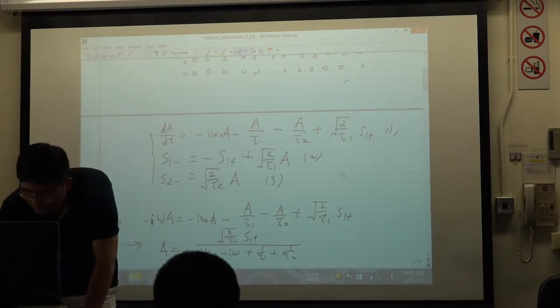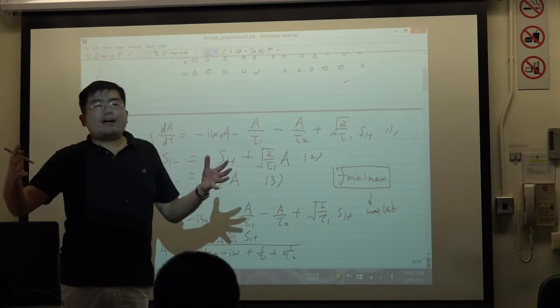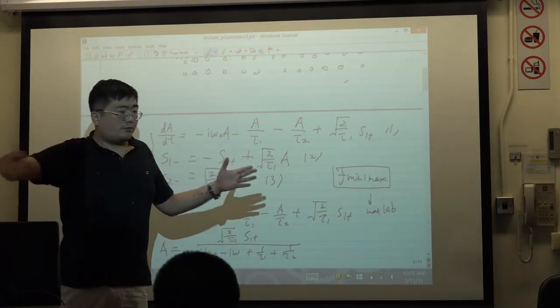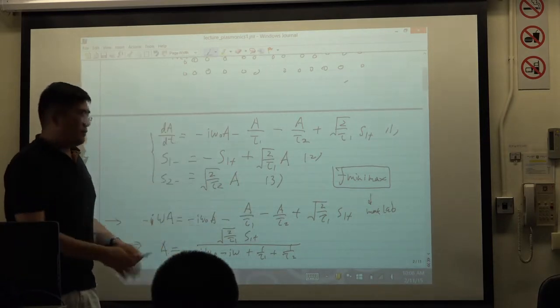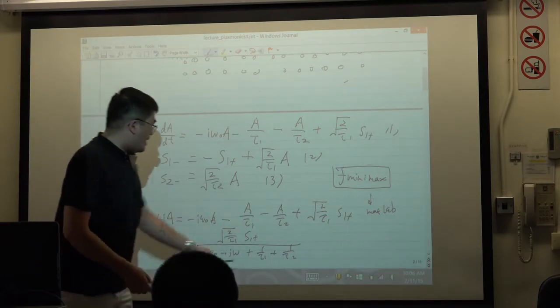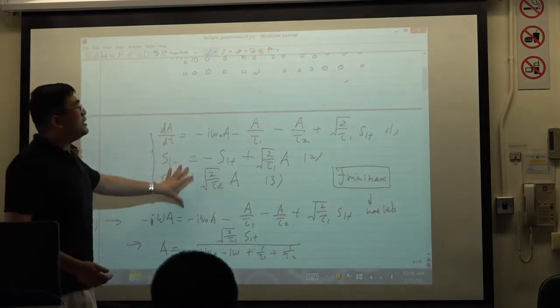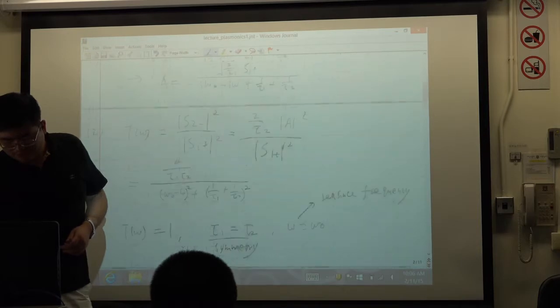Use a multi-level function. So when you measure your results, you get this spectrum, maybe a transmission spectrum from the experimental results. First you can get omega 0, the central frequency. Then you can fit your tau 1, tau 2 with this function. Then you can use this equation to explain your experimental results. This is useful.